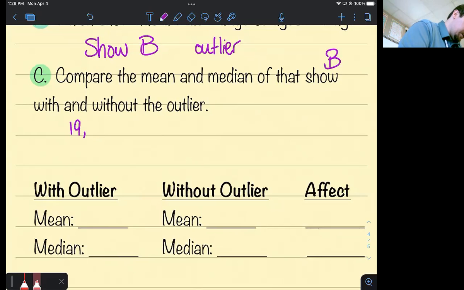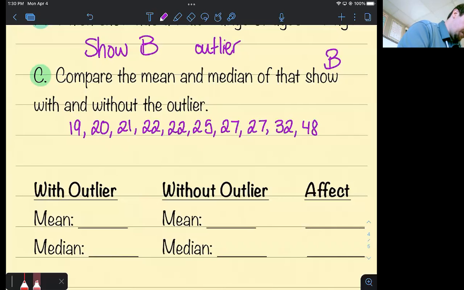So how many 20s? Just one? Okay, next. Next, next, next, next, next. 32. Next.